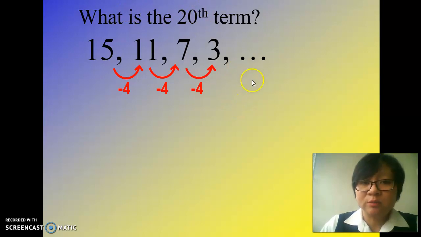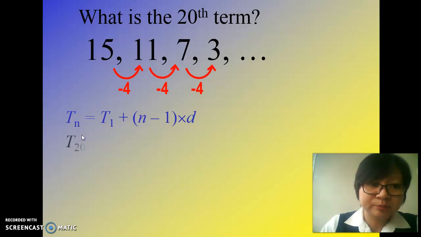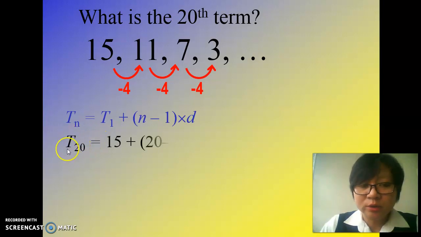To find the 20th term, we need to use the nth term formula, and then replace the value of n. So T20 equals, the first term is 15, the n is 20 minus 1 times -4.